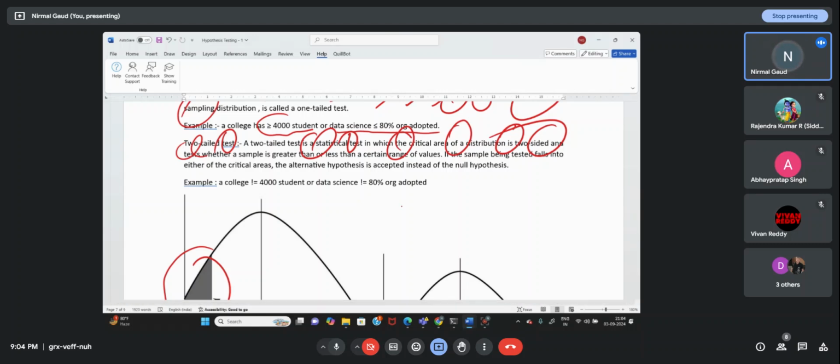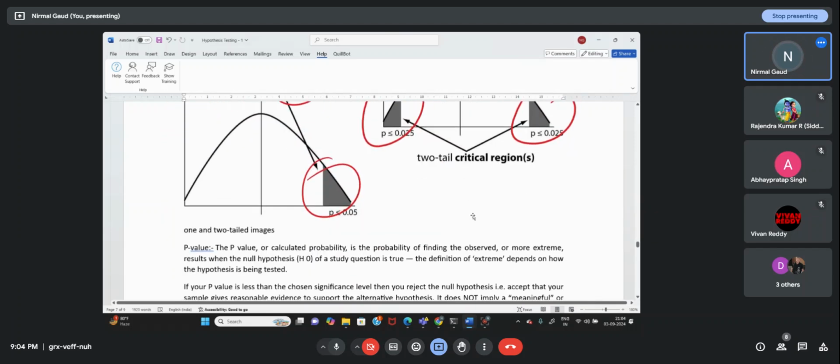So for example, college we don't have 4,000 students, or data scientist not having 80%. Okay, 80% of the students have not adopted data science as a subject. Okay, so if the sample being tested falls into either of the critical areas, the alternative hypothesis is accepted instead of the null hypothesis. So we may have a critical region on either of the sides or on both the sides. That is also possible. हो सकता है critical region.